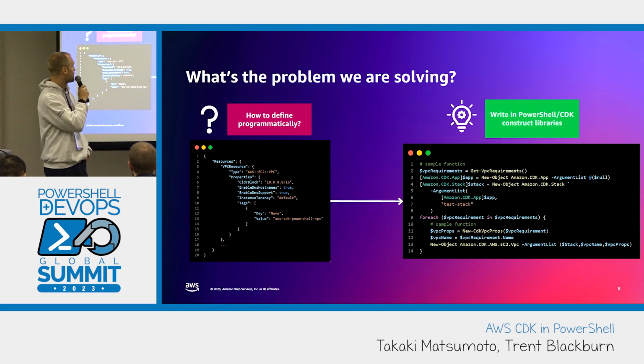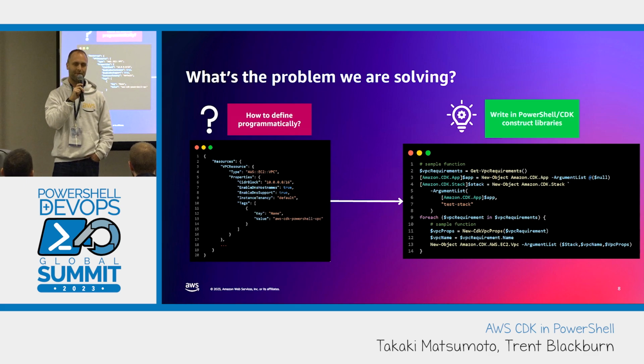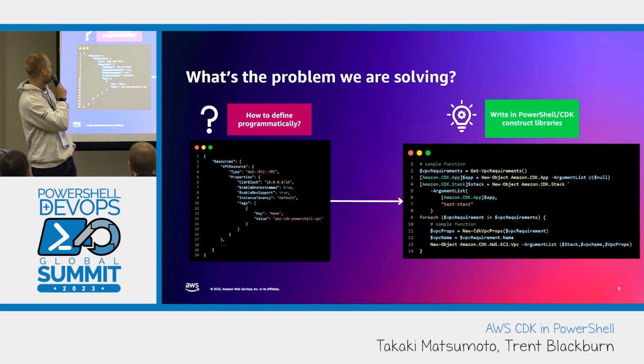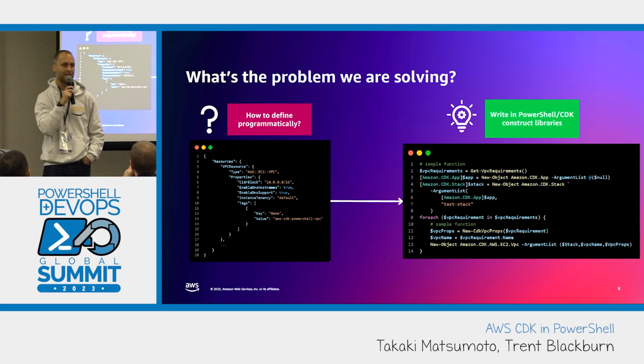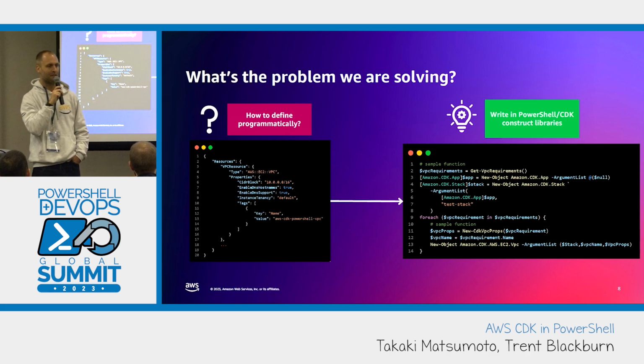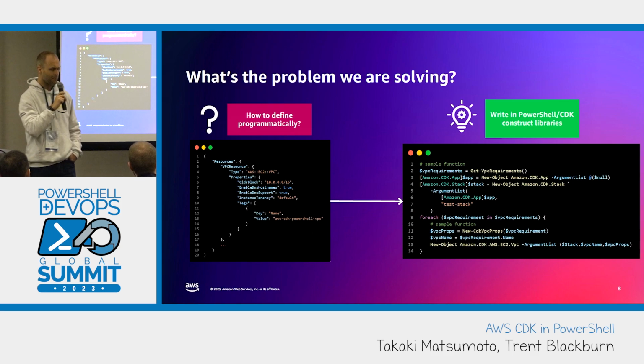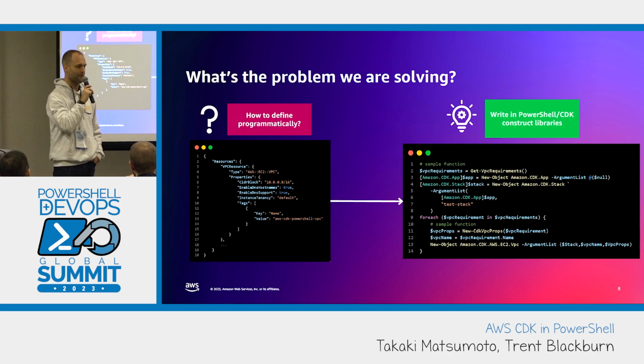And we're going to show some awesome demos of how to programmatically define these resources in PowerShell rather than in native CloudFormation. So on the left side, it's a little difficult to see, but that is a CloudFormation template of how to create a VPC in AWS, Virtual Private Cloud, an isolated computing environment that is a pretty standard construct in AWS.